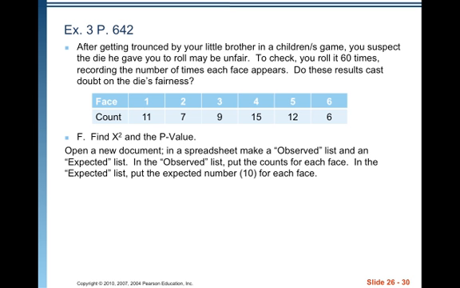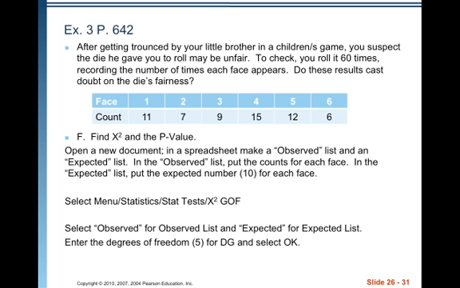And you can name them observed and expected, or whatever you want. Then you're going to select Menu, Statistics, Stat Test, Chi-Sq GOF. Select Observed for the observed list and Expected for the expected list, and enter the degrees of freedom, 5 for df, and select OK.